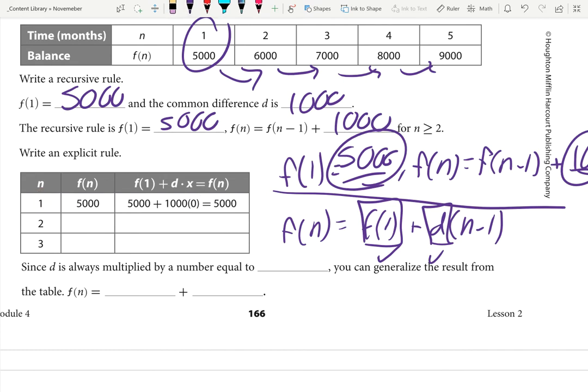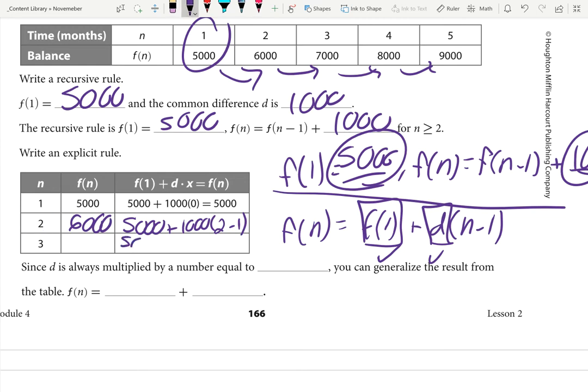So essentially, we're plugging into our formula to find the second and the third and whatever term. So f of n, this is kind of backwards. You'd have 5,000 plus 1,000 times, because you're plugging in 2 to this one, 2 minus 1, which is 1, and that comes out to equal 6,000.